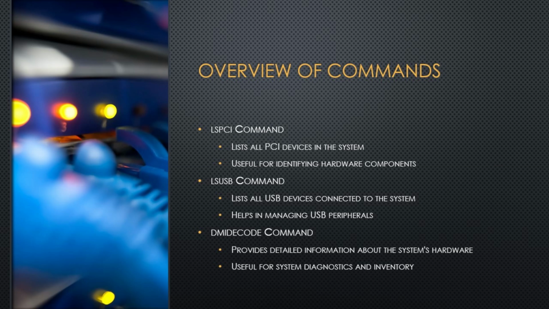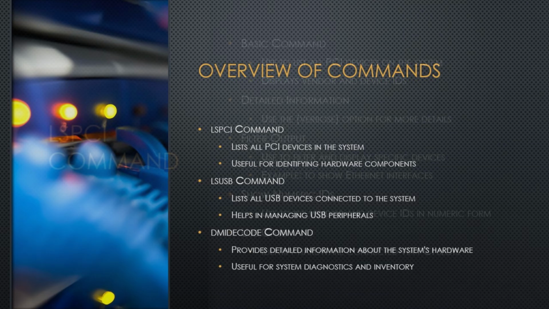USB devices include peripherals like keyboards, mice, storage devices, printers, and webcams. The dmidecode command is used to retrieve information from the system's DMI (Desktop Management Interface) table, which includes details about the system's hardware components, such as BIOS version, CPU information, memory configuration, and motherboard details.